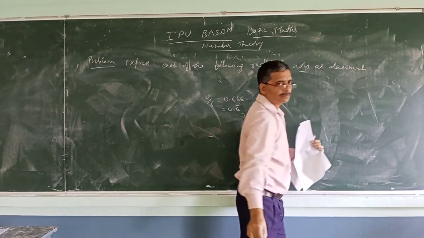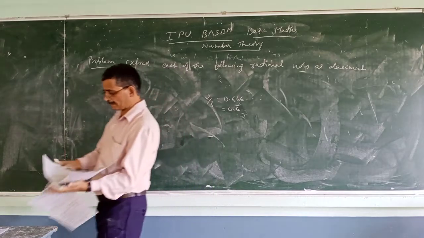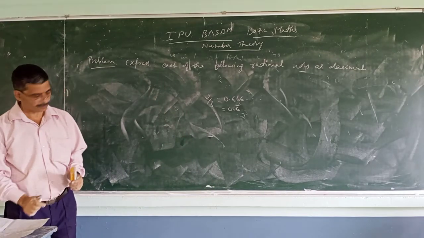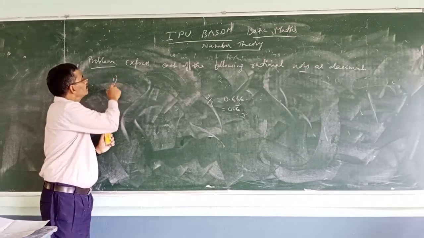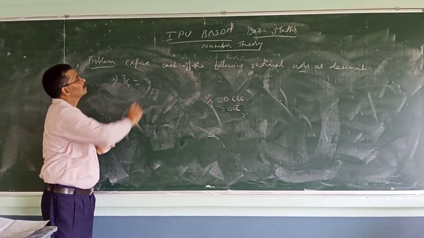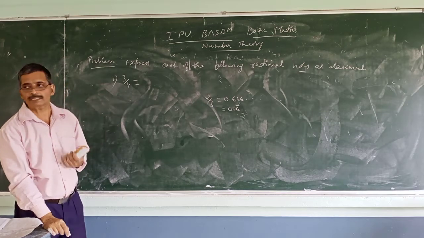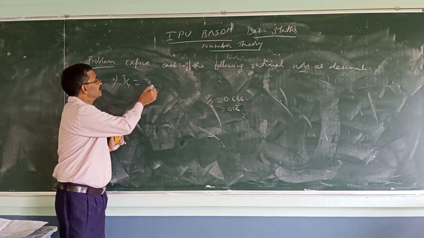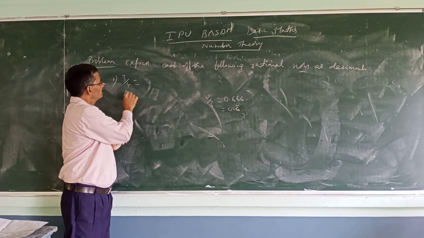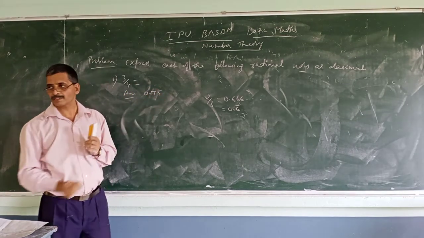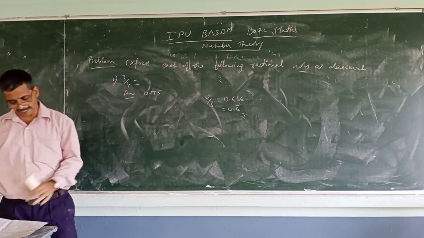I give the problem, then I give the answer immediately. First one, which is the simpler one, 3/4. Express each of the following rational numbers as decimals. So 3/4 is 0.75. Direct answer, just divide.